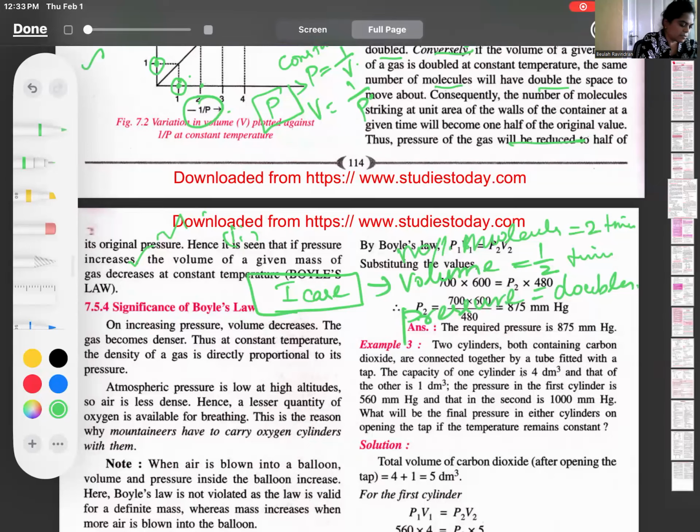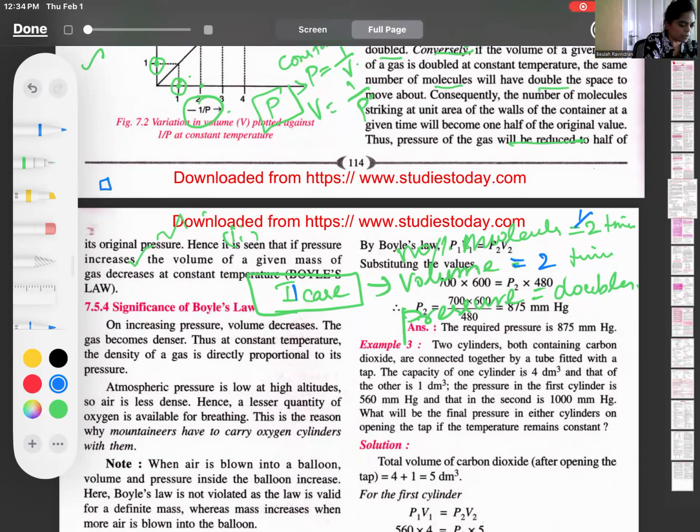What is the second case? In the second case, we are going to increase the volume. The volume is getting doubled, so the number of molecules per space will be reduced to half, so that they can occupy the extra space. In one space, only half a molecule is there. That is the meaning of the occupancy they are telling.